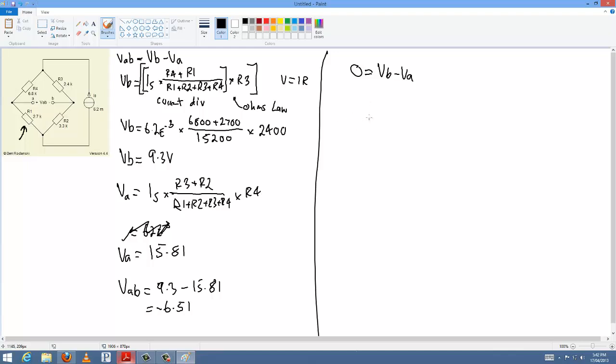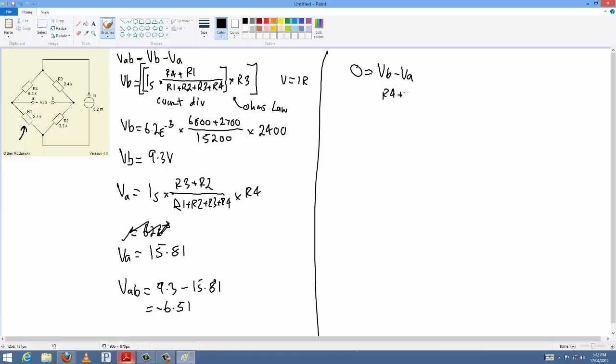Now I'm going to go the long-winded way around this. There's a shortcut way to do it, but I'll go the long way. Hopefully it works out the same. I'm going to leave out IS because I can factor that out and get rid of it altogether.